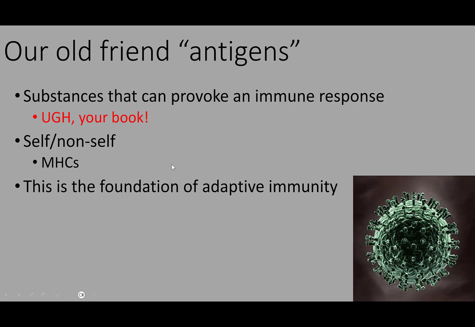Our book, when it says antigen in chapter 21, where it matters most, it does not mean antigen. It means foreign antigen. And our book uses a completely different term in chapter 21 to mean self-antigen.